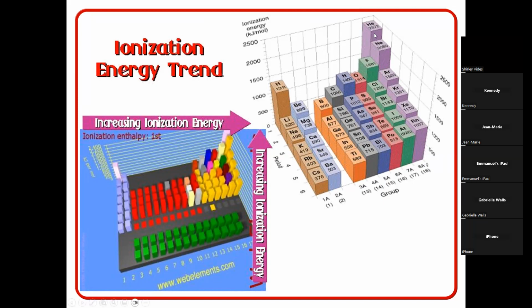Because like right here, helium has two little electrons. Look how high it is. And that's because it's full. Remember that the first level only can take two, right? And so helium has its two, and it is 100% full. And it only has two, so it's not going to want to let go at all. Now, neon has 10. That's fine. It's full too.